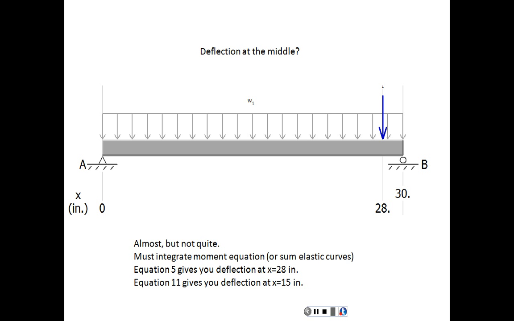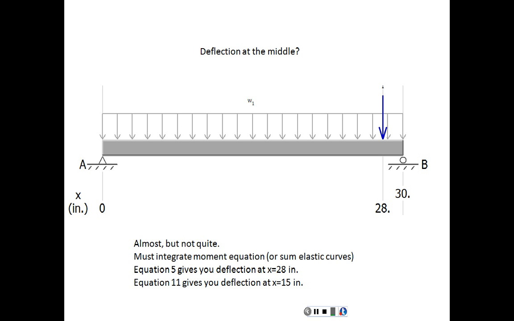So in that case, you can't use anything out of the center column. You could for the distributed load, and you could use number 5, but number 5 gives you the deflection here.